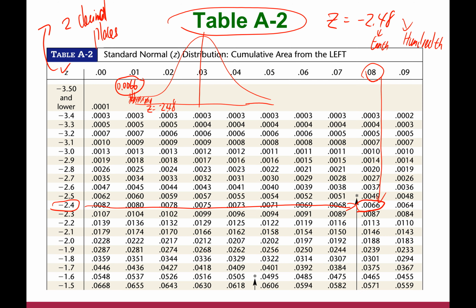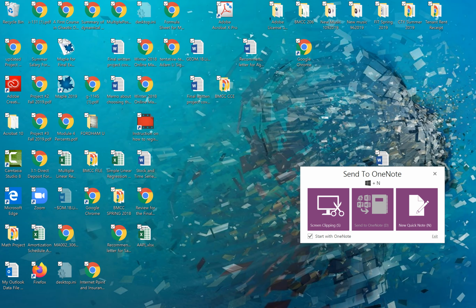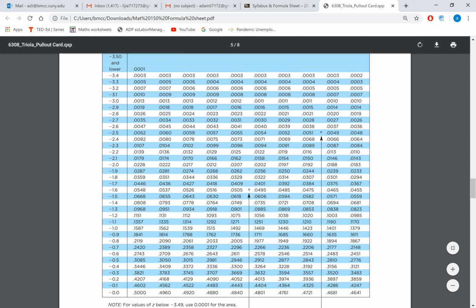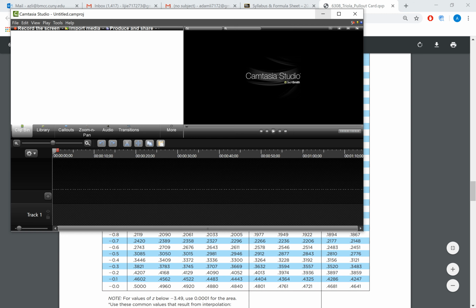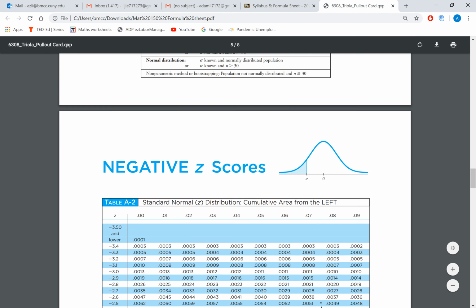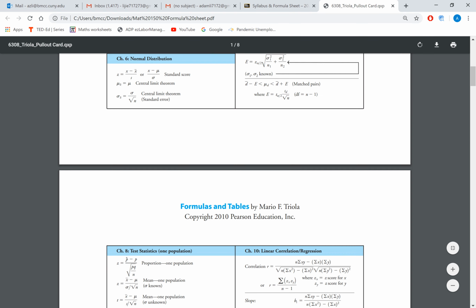And this is only one part of the table. If you go back to the actual table A2, right here, as you can see, you have 2 pages. You can easily find this on the formula sheet posted on the Blackboard.